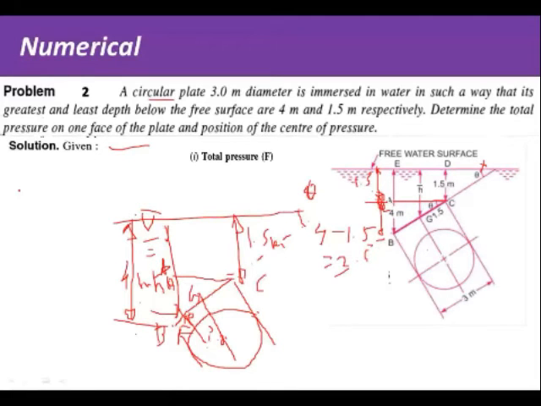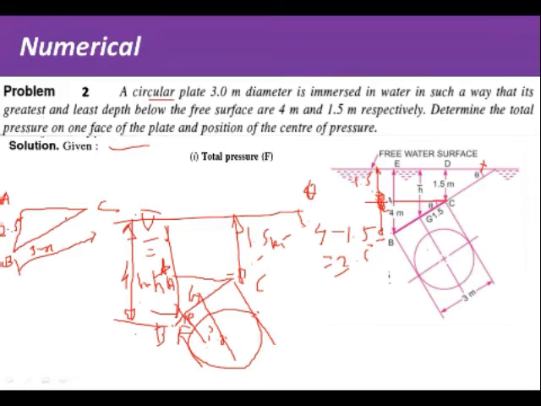Now we will consider this triangle. This is C, this is B, and this is A. This distance is 2.5 meter, and this BC is diameter. The diameter is given to us as 3 meter.